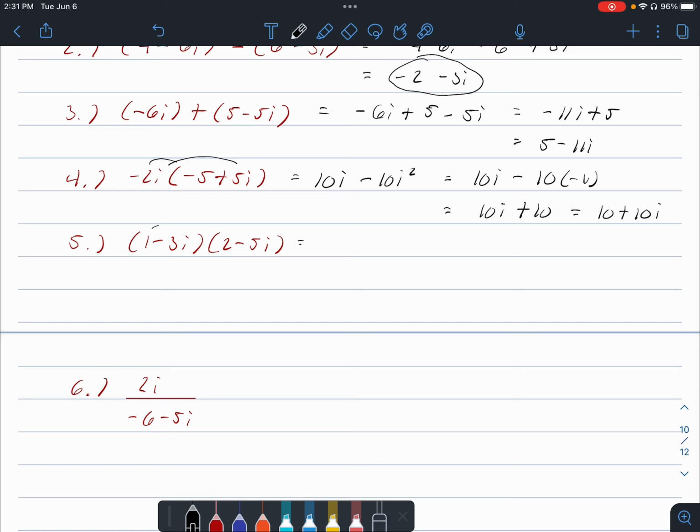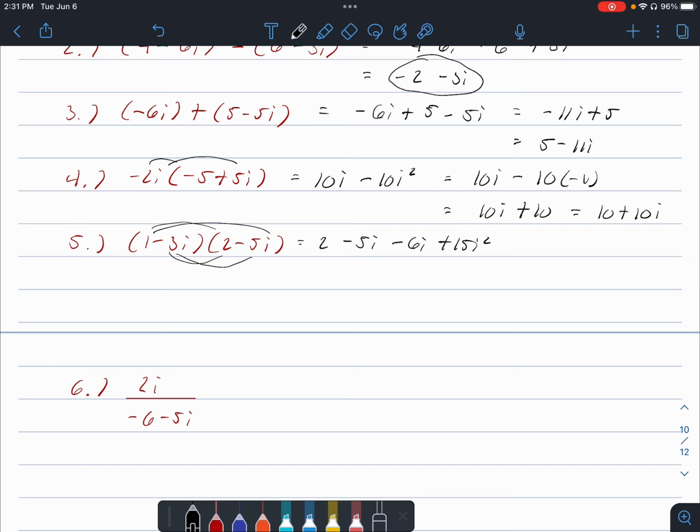We'll do 1 times 2. That's 2. We have 1 times a negative 5i. That's minus 5i. Now we have negative 3i times 2. So we have minus 6i. And now we have negative 3i times a negative 5i. So that'll be plus 15i squared.